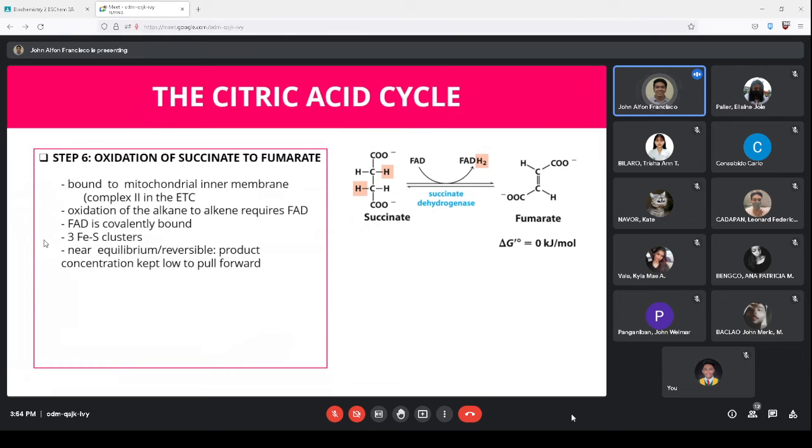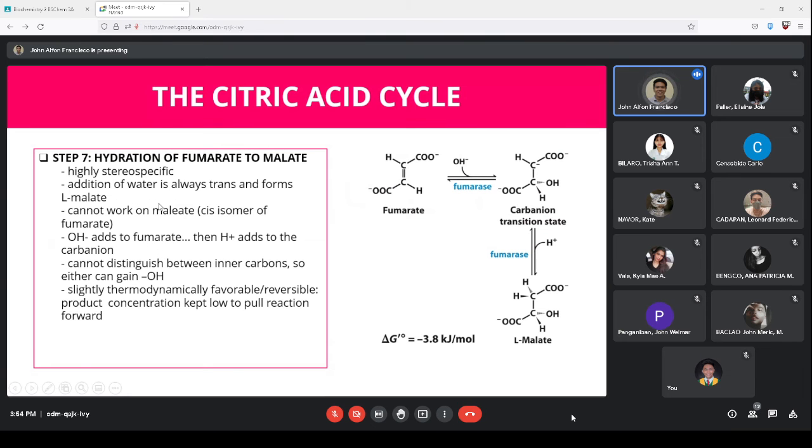And lastly will be the number 6, next will be succinate to fumarate, another production or acceptor of proton. Involved siya sa electron transport chain. Okay? And next will be the conversion of fumarate to L-malate by introduction of water.